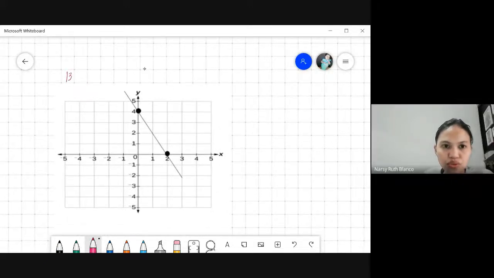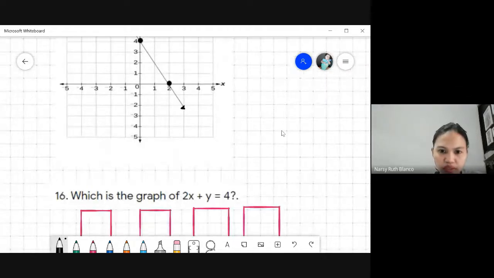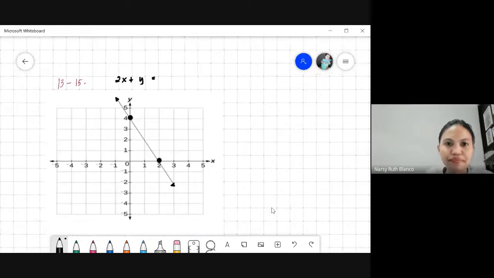So, what you see in this graph is for items 13 to 15. This graph is the graph for the equation 2x plus y equals 4.